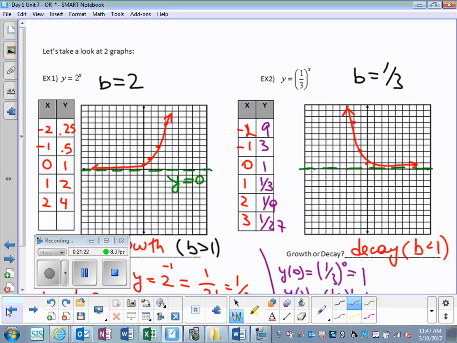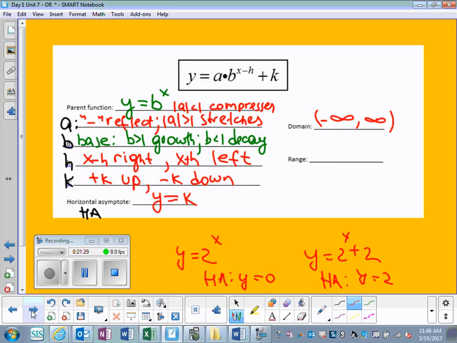Horizontal asymptote to infinity. Yeah, very nice. So it's always either k to infinity or negative infinity to k. The first one is if my graph is above the horizontal asymptote, and this one is when it's below.